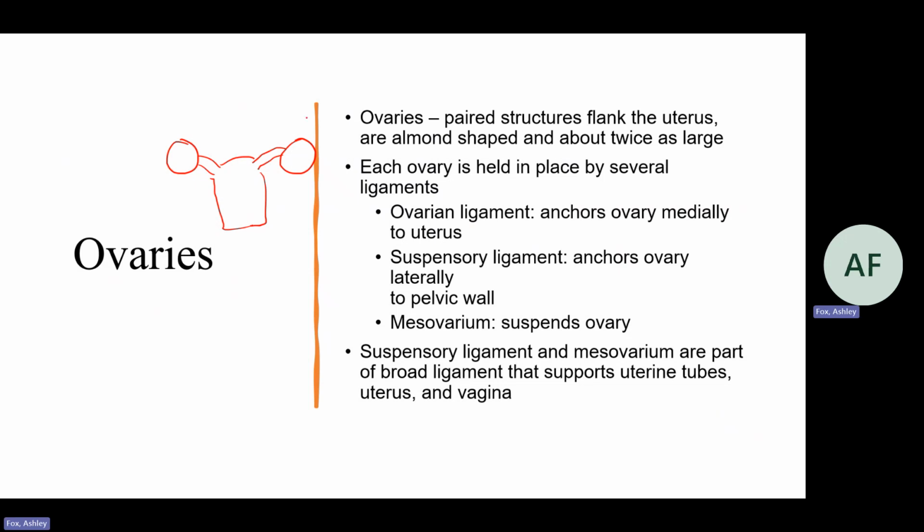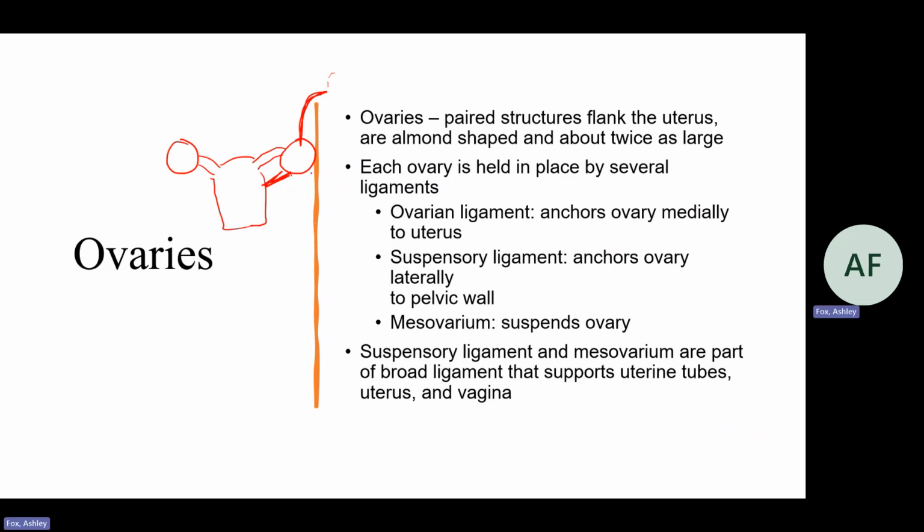Each ovary is suspended in the abdominopelvic area by the ovarian ligament, which is going to hold the ovary to the uterus, so there is a connection there. You also have a suspensory ligament that's going to hold the ovary to the pelvic wall, so it's going to suspend the ovary that way.